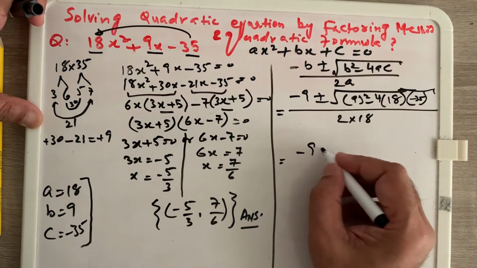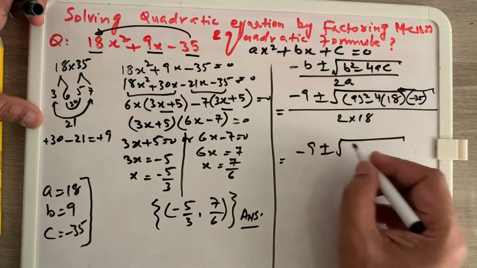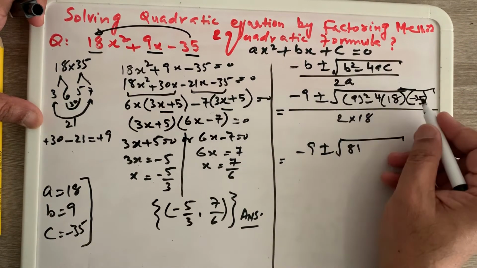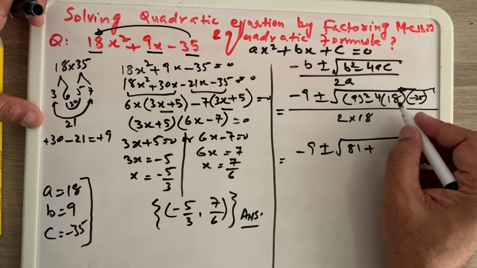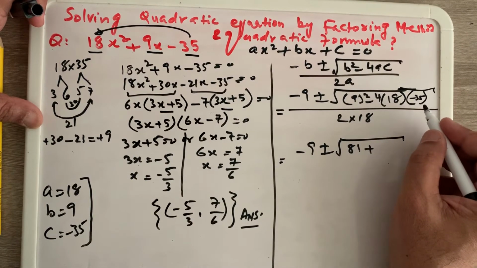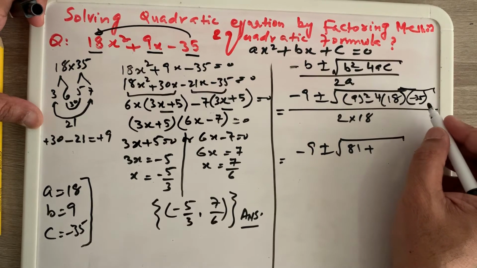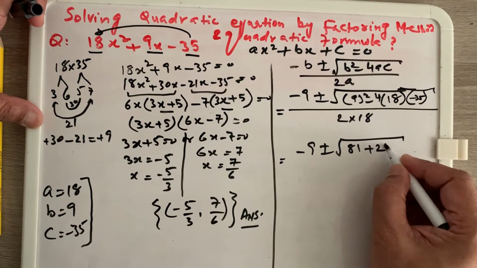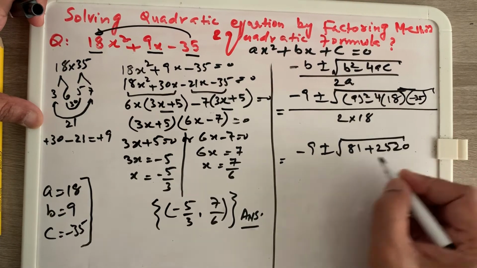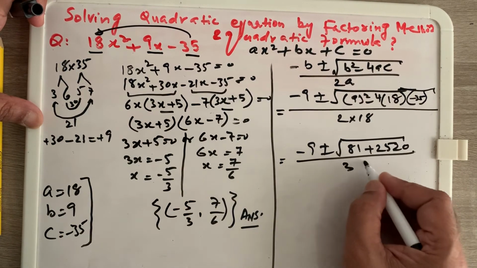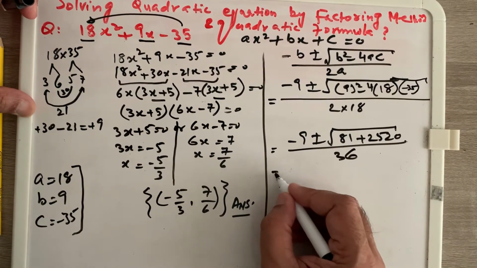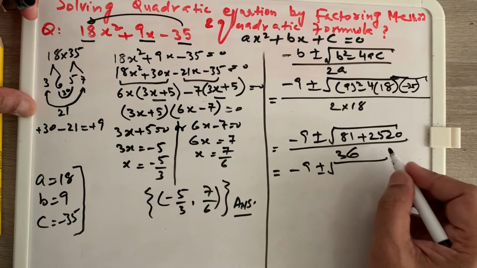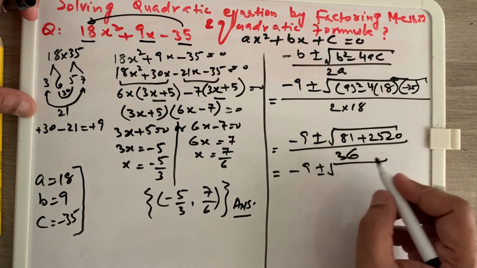So minus 9 plus minus under the root 9 nines are 81, 9 square. Minus times minus will give me plus, and 18 times 4 is 72. 72 times 35, you can do by calculator, is 2520, divided by 36, equals minus 9 plus minus under the root. We have to add these two. You can do it by calculator.